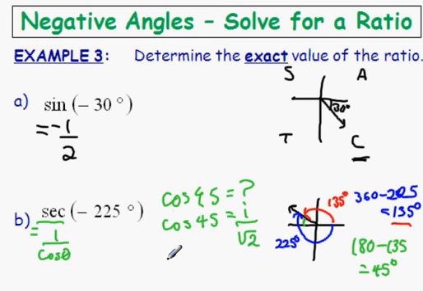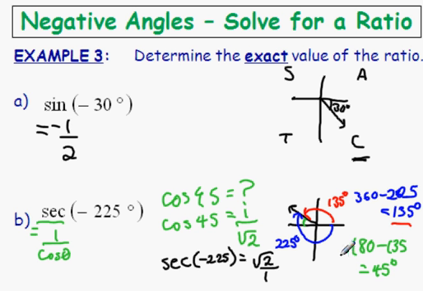Which means secant of 45, or secant of negative 225, equals the reciprocal of that, which is root 2 over 1. I've just taken my regular function cos 45 and written the reciprocal, and then you have to figure out if your ratio is going to be positive or negative.